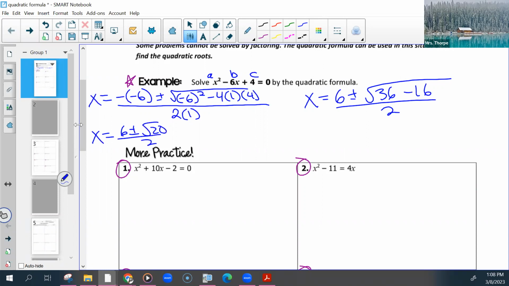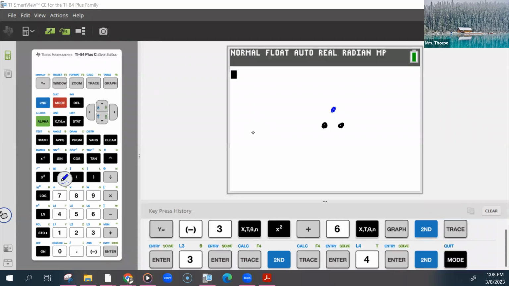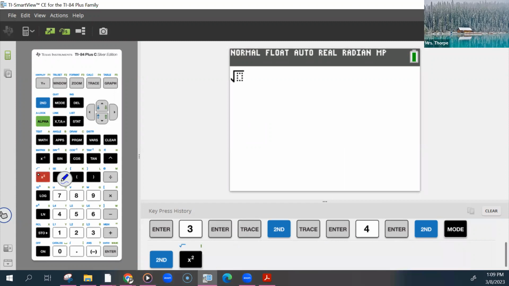Then the next part, we have to see, is 20 a perfect square? If you're not sure, you can use your calculator and do second mode to get out of this. It's in blue here, so second x squared. Put in 20, see if you get a whole number. We are not simplifying radicals.